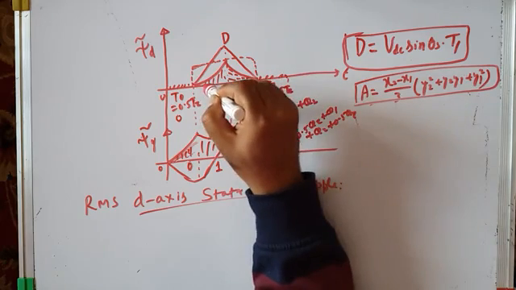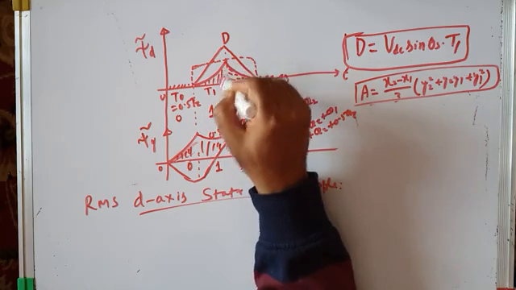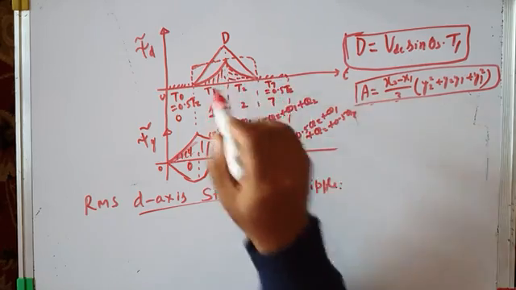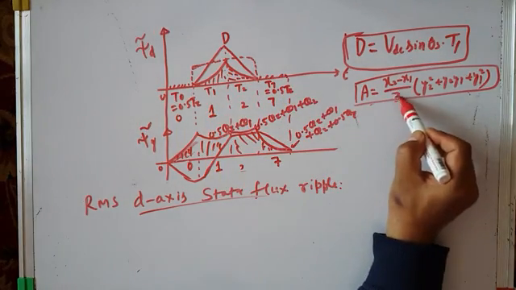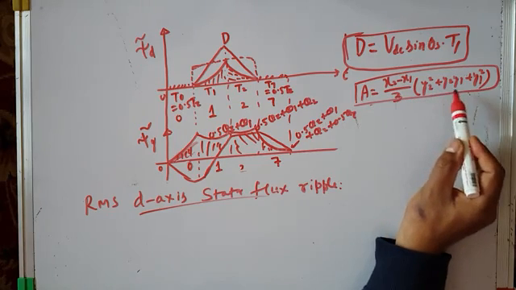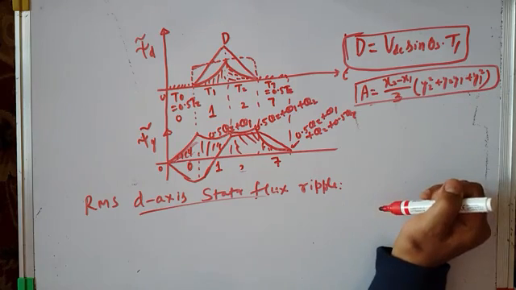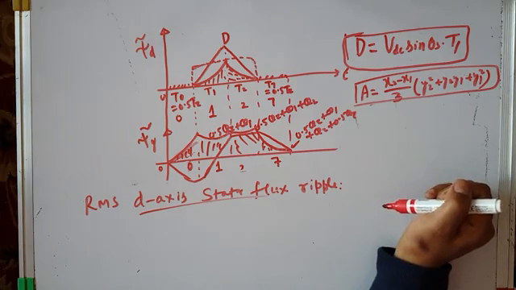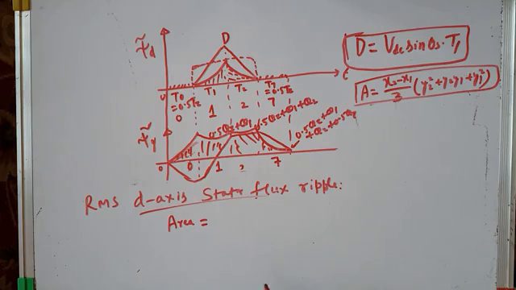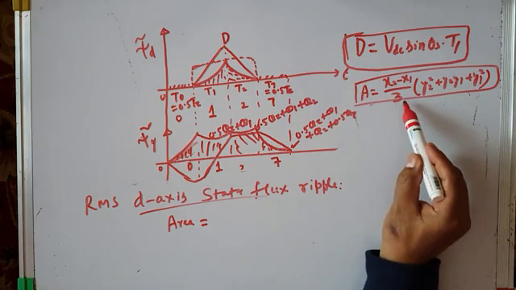After squaring, I have to find the area under the parabola. The area under a parabola is given by the generalized formula x2 minus x1 by 3 into y1 square plus y1 y2 plus y2 square. So therefore the area will be x2 minus x1 by 3.